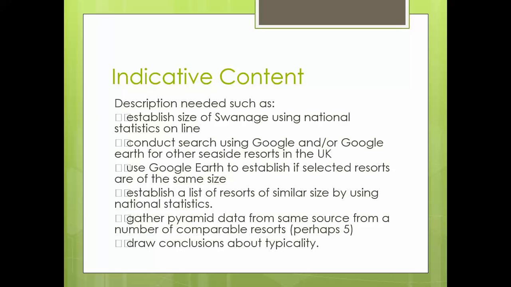So you might compare Brighton to, I don't know, Weston-super-Mare or something like that. You then gather the data. Now you're going to gather primary data, but we're testing to see whether it's comparable. So you're going to gather primary data, but you also might want to gather some secondary data as well, looking at house prices and change over time and old maps, so that you can see those patterns quite clearly.